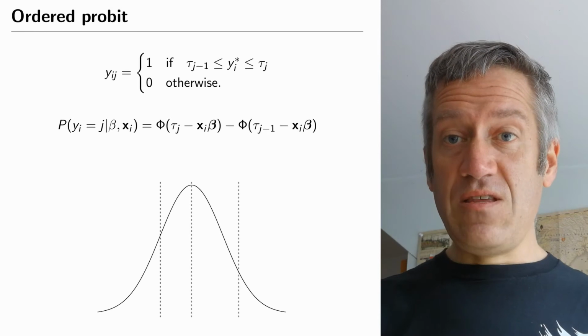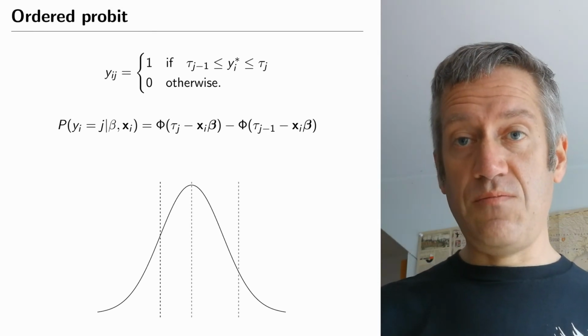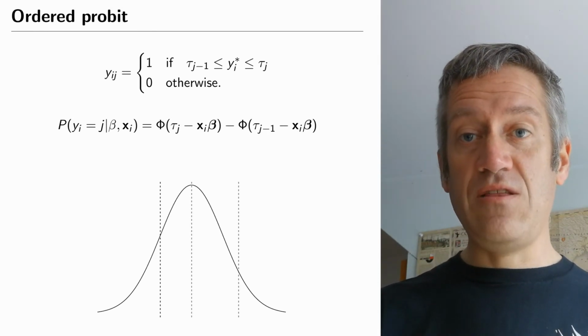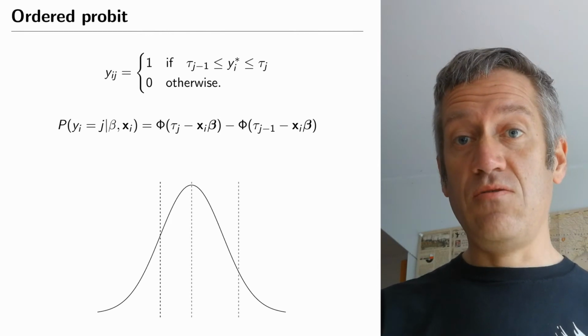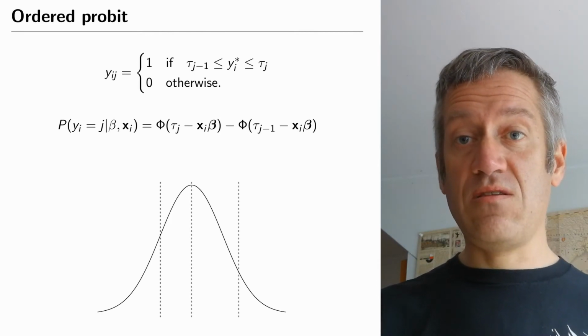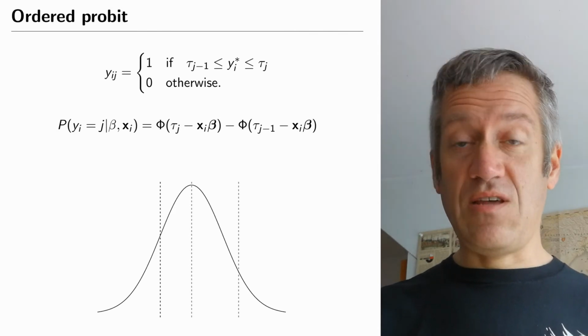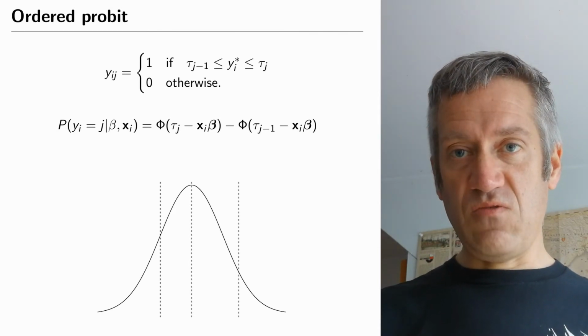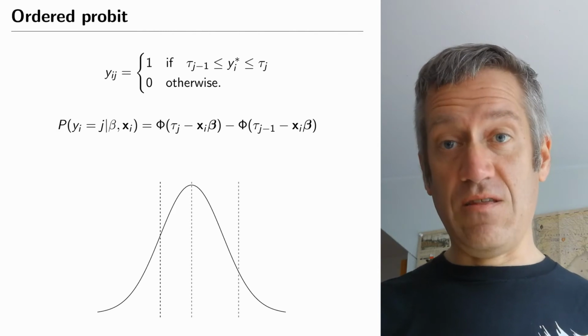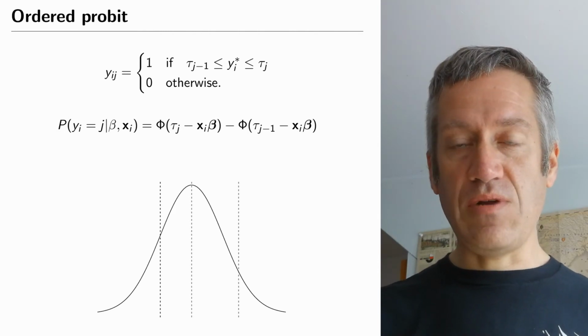And then the probability you can think of as cumulative normal distribution. So if you want to calculate the probability of being in the second category, you need to calculate the probability density up to the second category, and then up to and including the second category, and then the difference between those two is the probability of being in the second category, and that is your predicted probability.